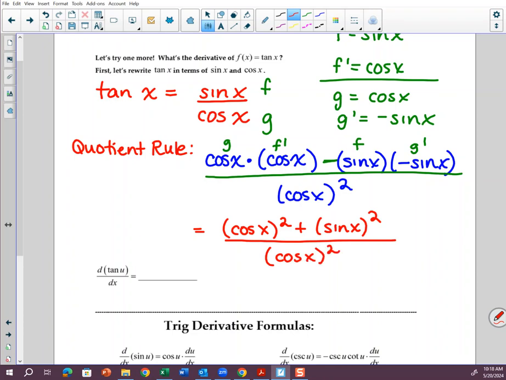Now, before you pull out bad algebra and cross things off here, pay attention to the numerator. You can't divide out those cosines as much as you want to. That's not algebraically legal. But what you can do is replace sine squared plus cosine squared with 1.